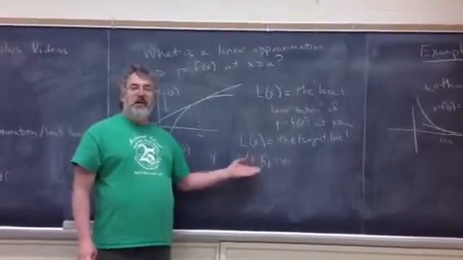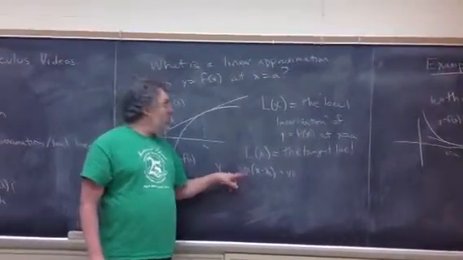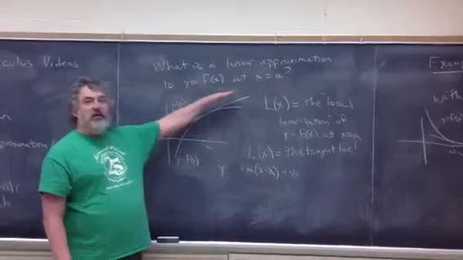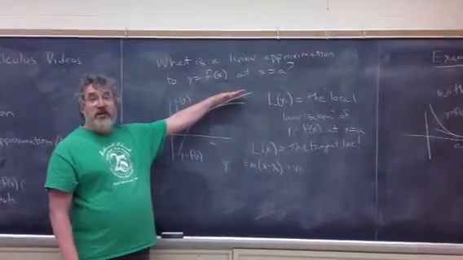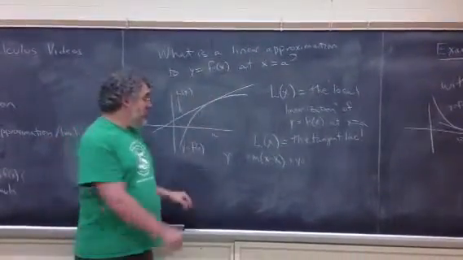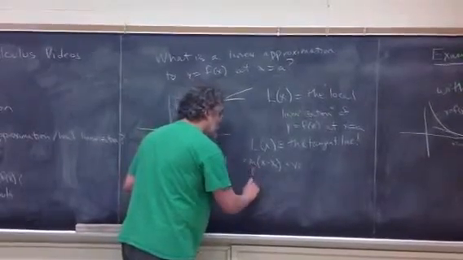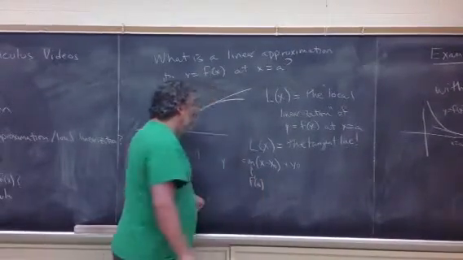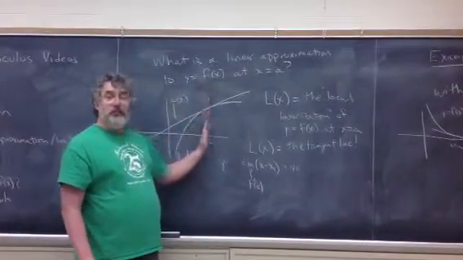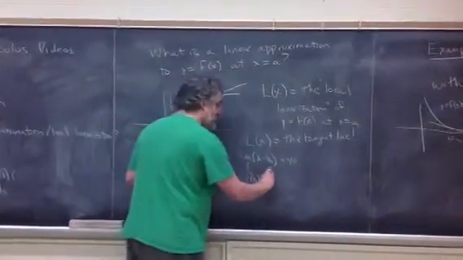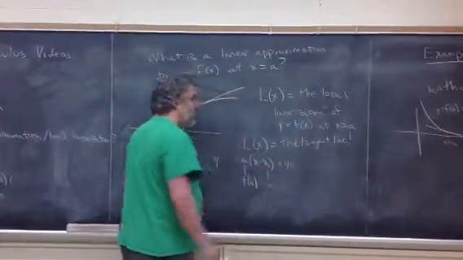So let's stop and think about this. What is m? M is the slope. The slope of this, we already know that. The tangent slope is the derivative at that point. So this is f prime of a. What is x naught? X naught is a. And what's y naught?